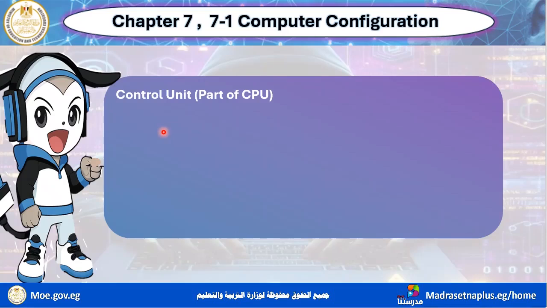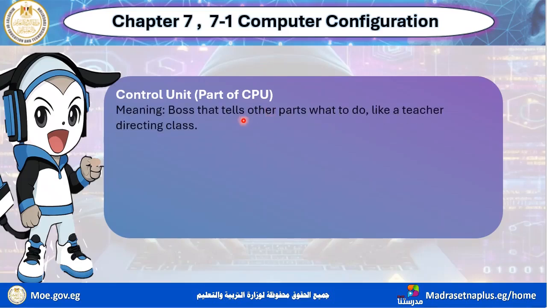Control unit, well, it's a part of the CPU, meaning a boss that tells other parts what to do. Well, it's like a boss, or a moderator who controls the other parts and tells them what they should do, like a teacher directing a class.